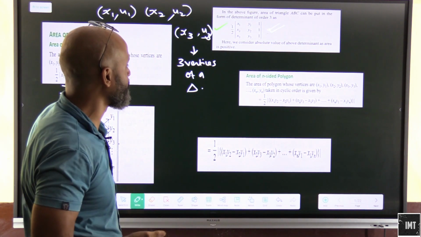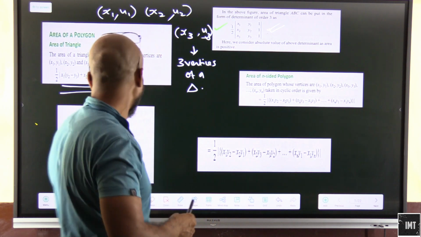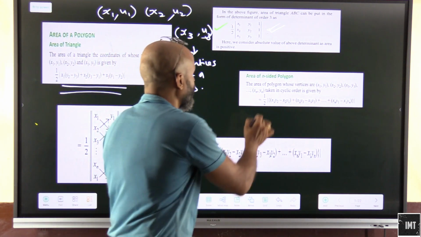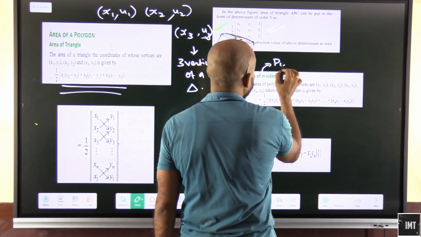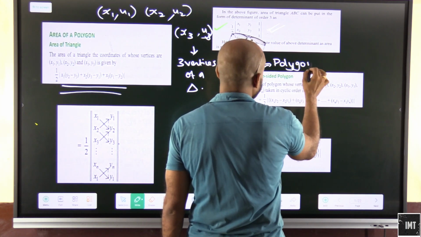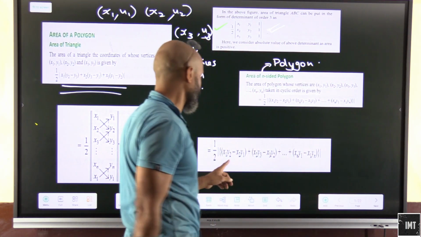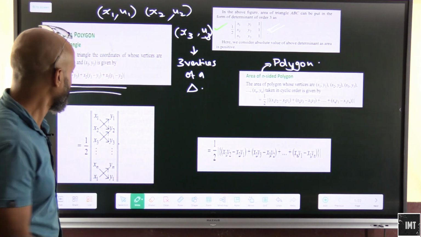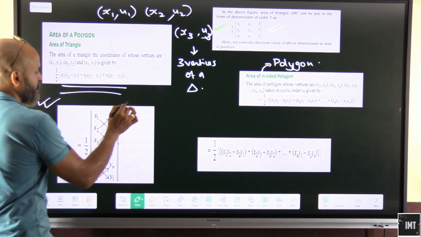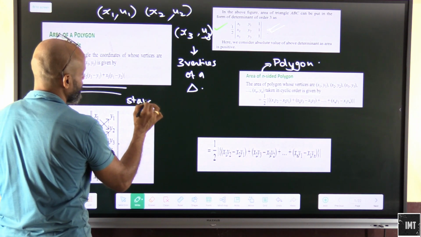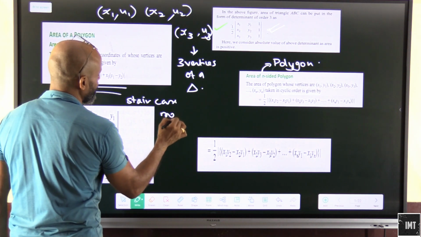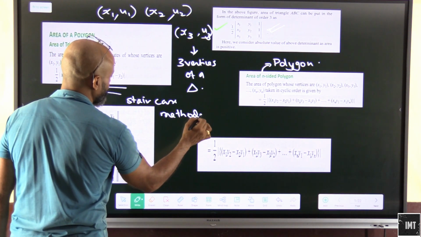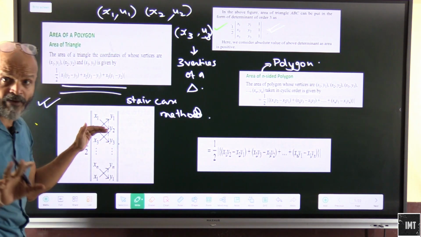In the same way, if we have an n-sided polygon, which can be of any number of sides, we take the vertices in cyclic order. The better part is to remember this with the staircase method, which is applicable to triangles as well.